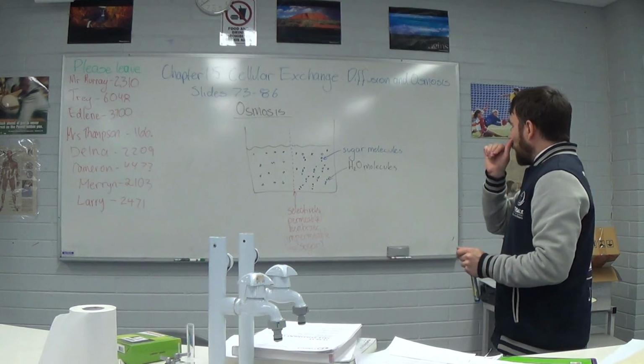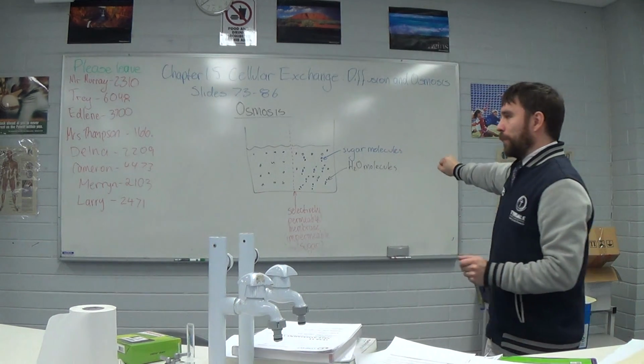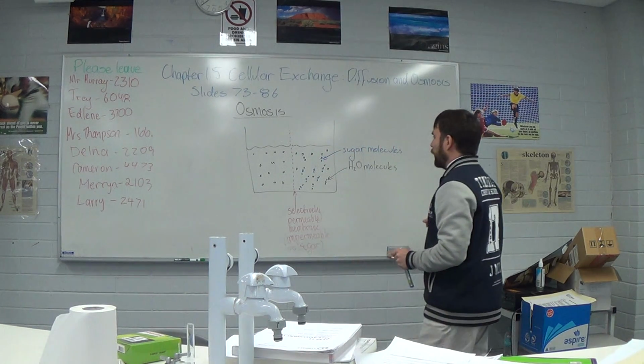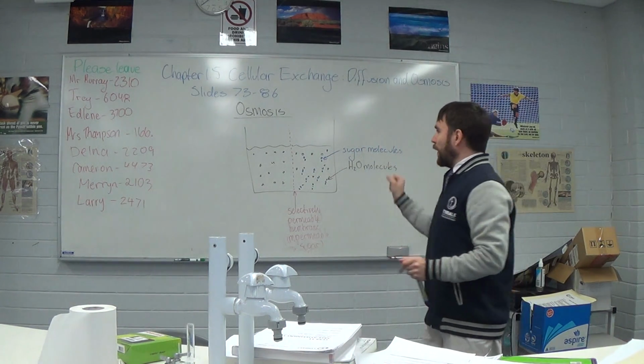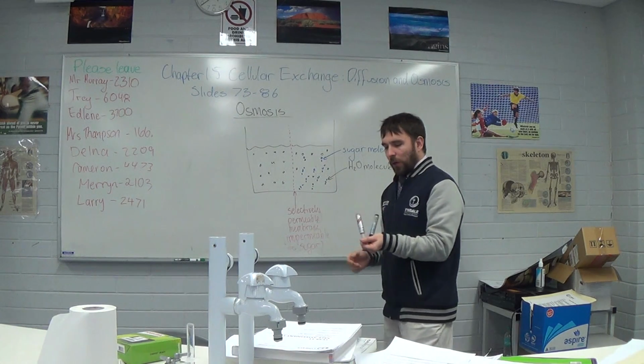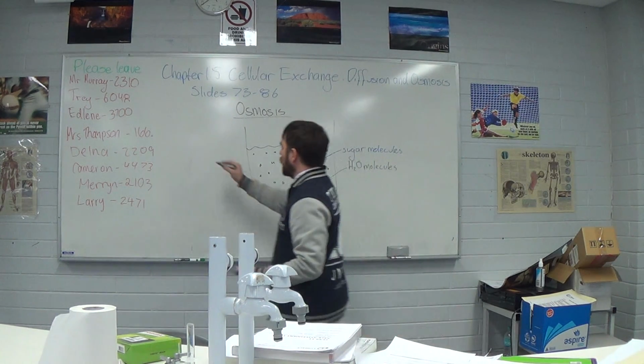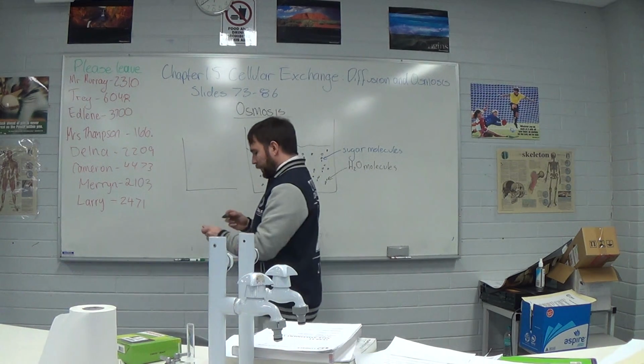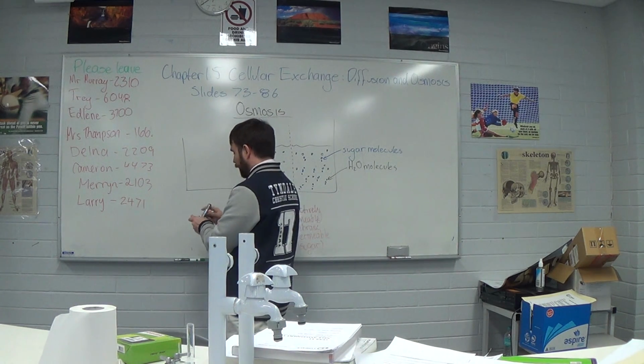Now, these sugar molecules are taking up those free water molecules. So we have an imbalance. There is a concentration gradient here. There is lots of sugar, so we'll draw that in blue.